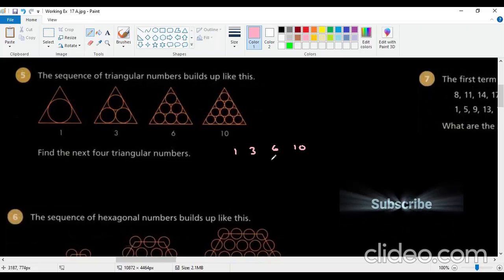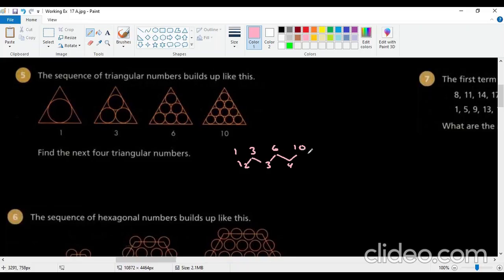And what I see is that 1 plus 2 is giving us a 3, 3 plus 3 is giving us a 6, 6 plus 4 is giving us 10, and 10 plus 5 gives us a 15, 15 plus 6 gives us a 21. So the next two numbers are going to be 15 and 21, and then 28, and so on.